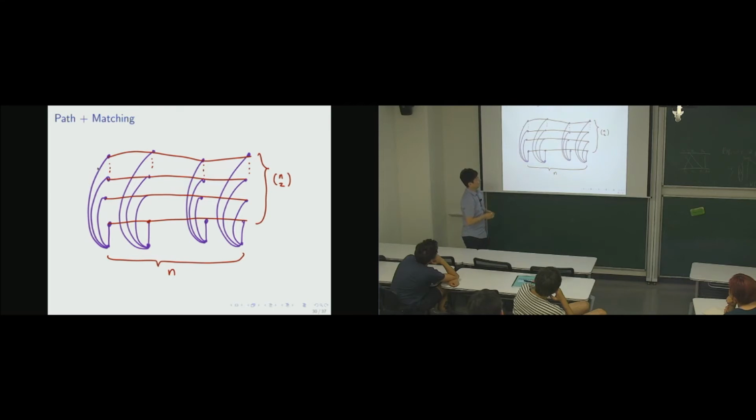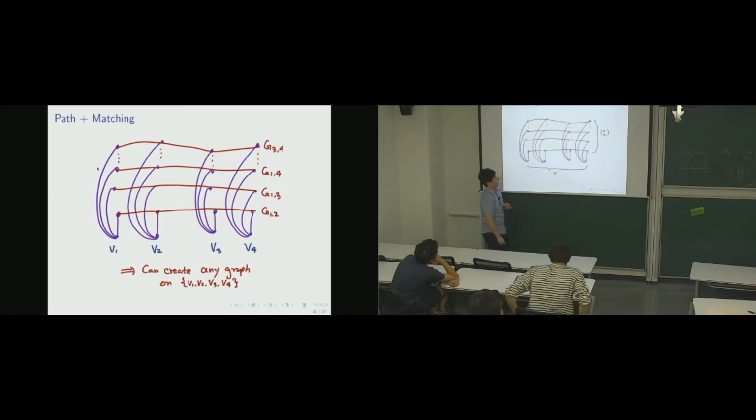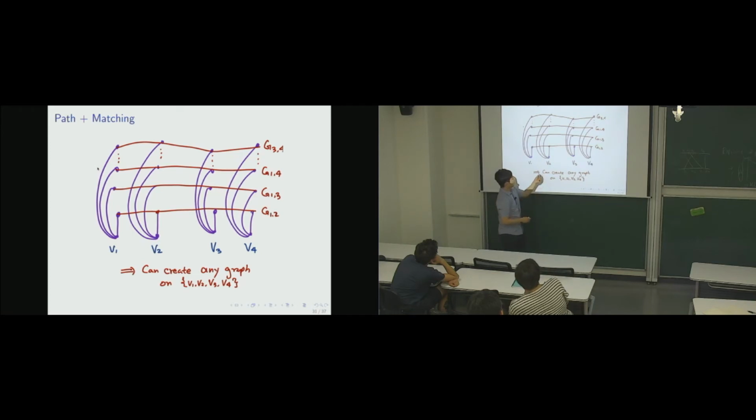So actually, this is a very simple case. Suppose you have n vertices, maybe 4 vertices here, and then you have these 2 layers there. What you can do is, I want to create any graph on these vertices Vi.